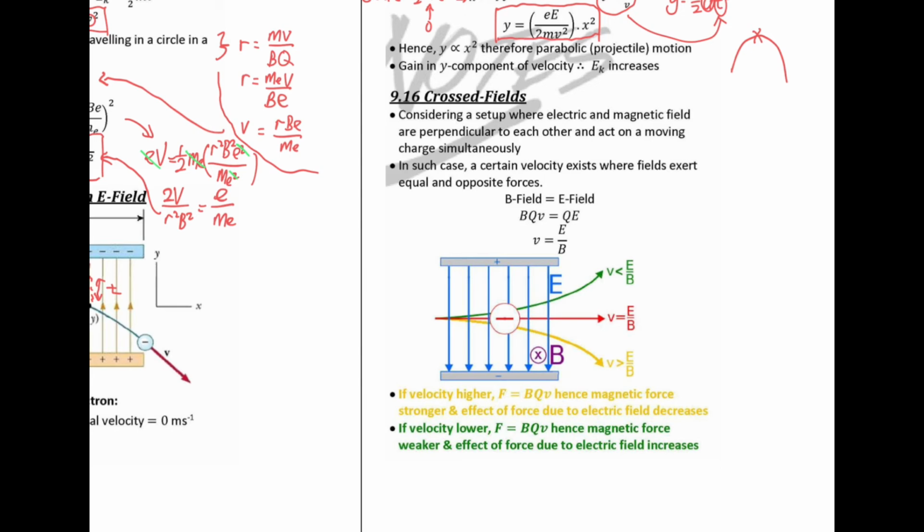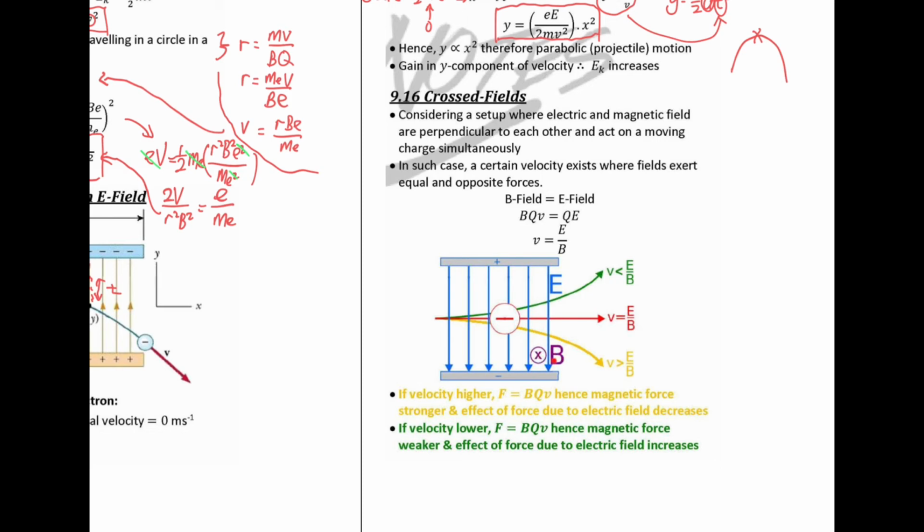Which means you have an electric field as in the diagram here, positive terminal, negative terminal. The electric field goes down from positive to negative, we follow the blue arrow. The magnetic field is perpendicular to the electric field. As you can see, the purple one, they put a cross here.